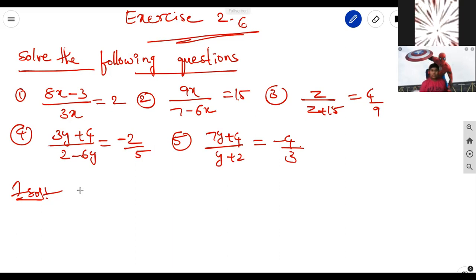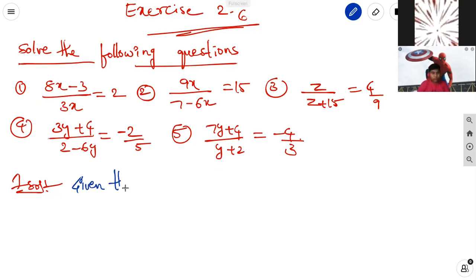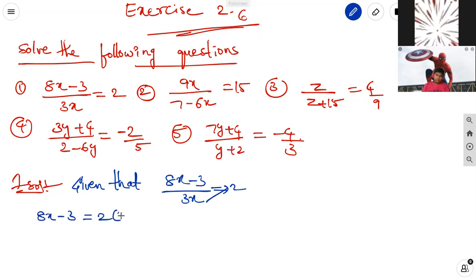First, the given problem is (8x - 3)/(3x) = 2. By cross multiply, 8x - 3 = 2 into 3x. Here 8x - 3 equals 2 threes are 6x.